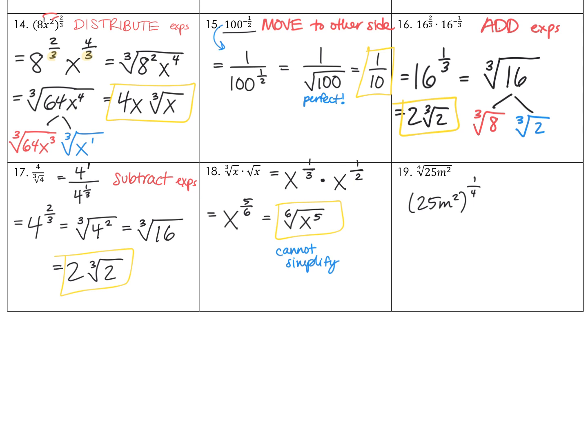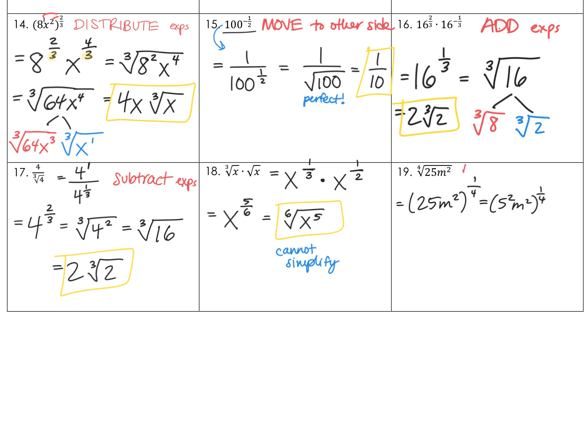Before I move on, it would be really nice if I could get this all to work out together. What do you know about 25? What's another way to talk about 25? 25 is the same thing as 5 squared. Yeah. So we're going to rewrite this as 5 squared m squared raised to the 1/4 power, because now they have the same exponent and it's going to work in our favor.